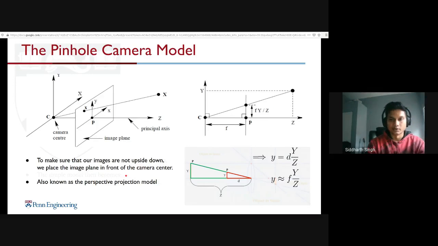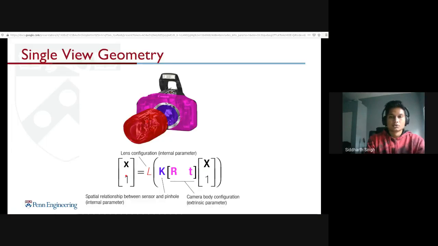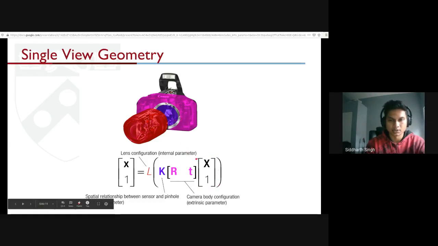Alright, so moving on. We have the lens, which is the external lens. We have the internal intrinsic lens, and we have the body itself, right? What we are seeing is this X in the world, and what we will get in the image is an x in the image.